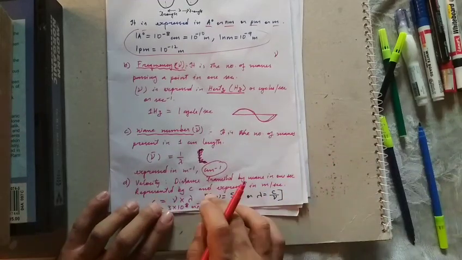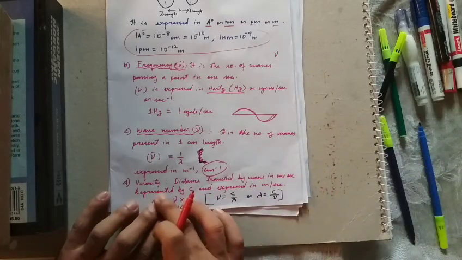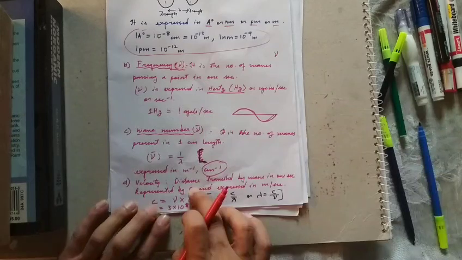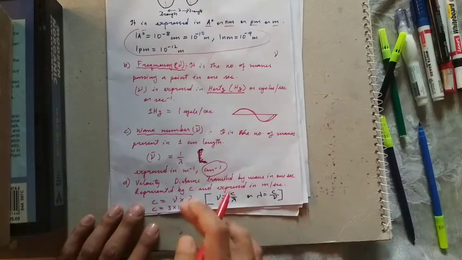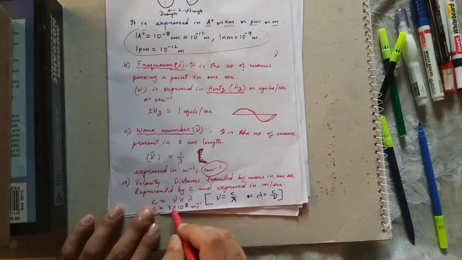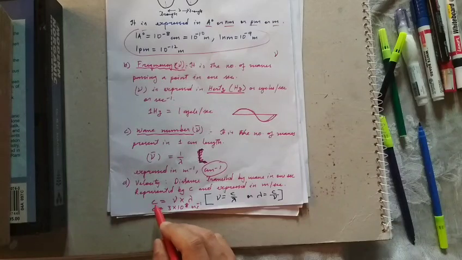Now velocity, okay, velocity is the distance traveled by a wave in 1 second, represented by c. So this c denotes the speed of light. The speed of light is 3 into 10 to the power 8 meter per second.